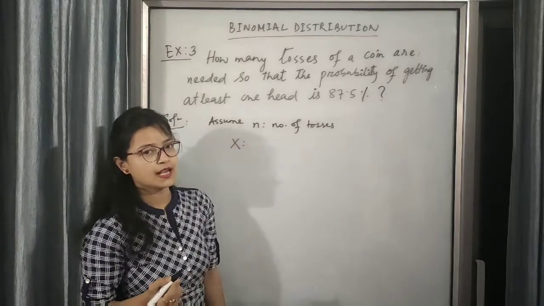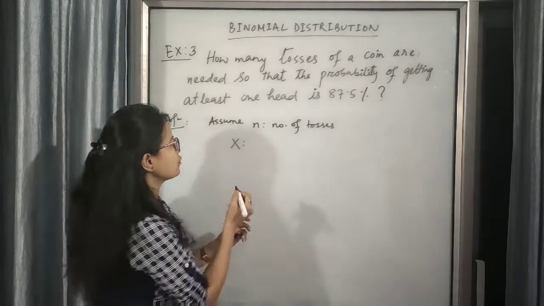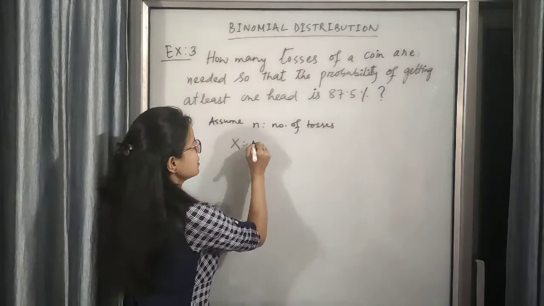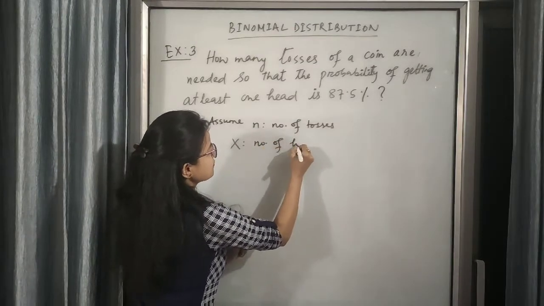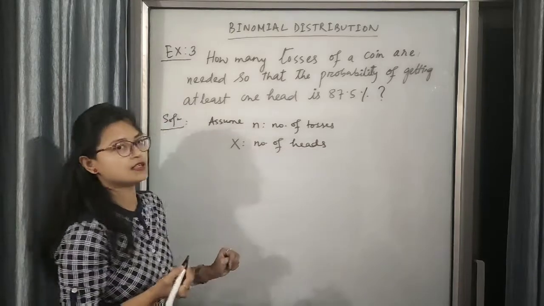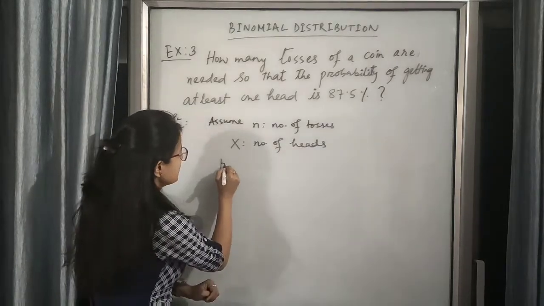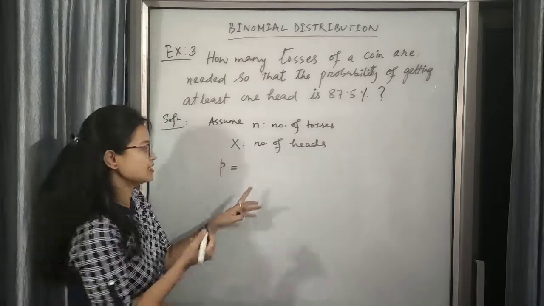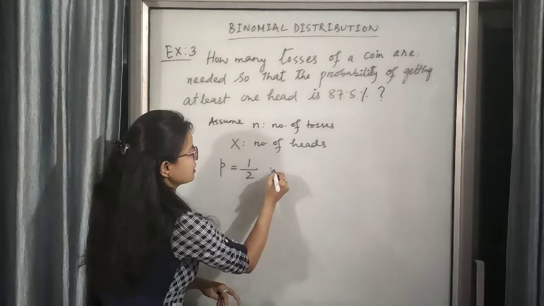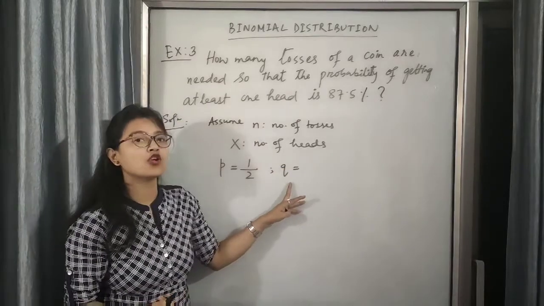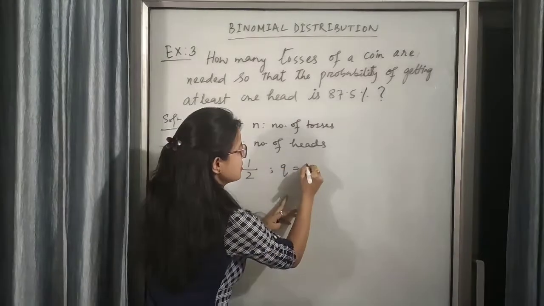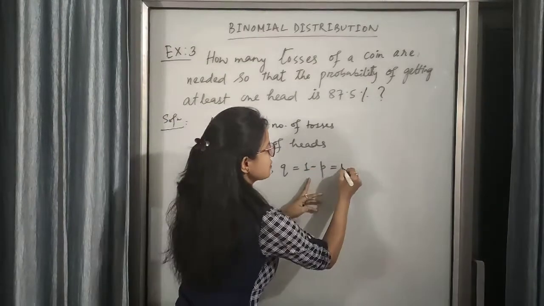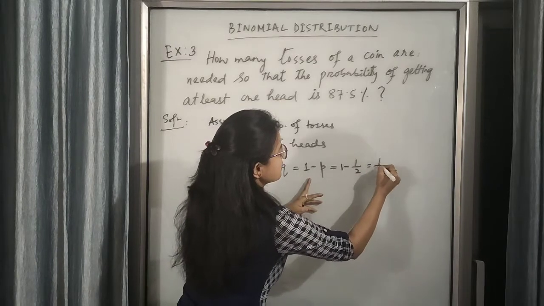When you toss the coin, there are exactly 2 outcomes, head and tail, so we can select either the number of heads or the number of tails as the variable. I am taking the number of heads as the random variable. p is the probability of getting a head in each trial, so the probability is half. q is the probability of not getting a head, so 1 - p, using the binomial distribution formula, which is 1 - half, that is half.